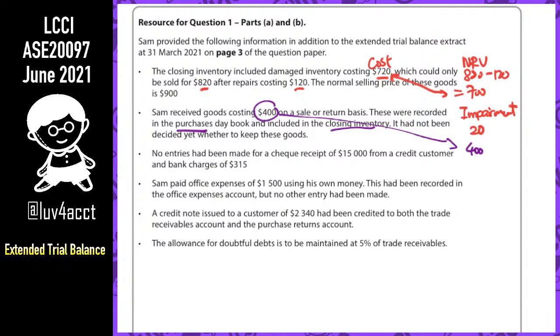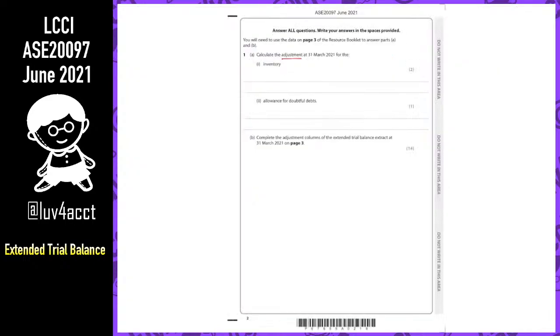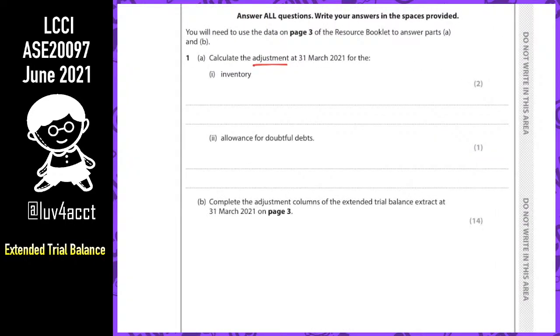Okay, so let's scan through. There is no more about inventory. So the adjustment for inventory would be minus 20 and then minus 400.